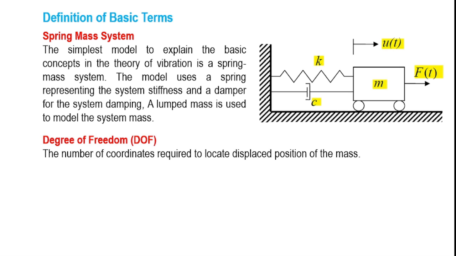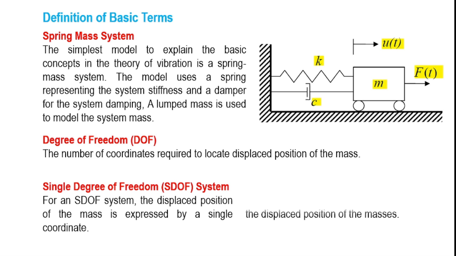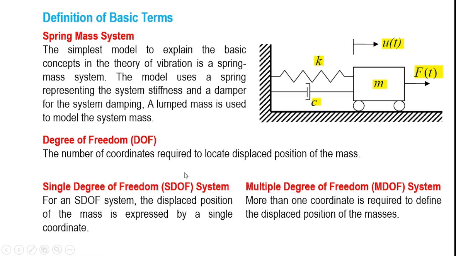Now, one of the basic parameters that is associated with any physical system is how many coordinates are required to locate the displaced position of the mass m. So based on the degrees of freedom of the system that is required to describe the mass position, we have basically two systems. One is a single degree of freedom, known as SDOF system, and secondly a multiple degree of freedom, MDOF system.